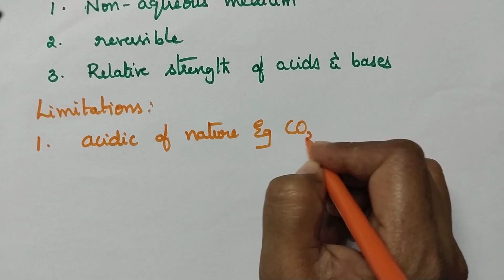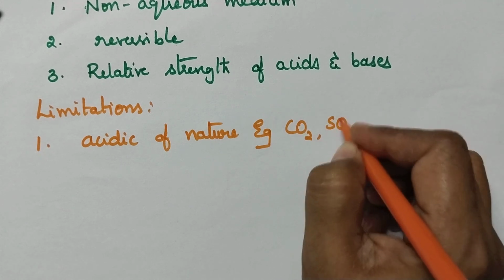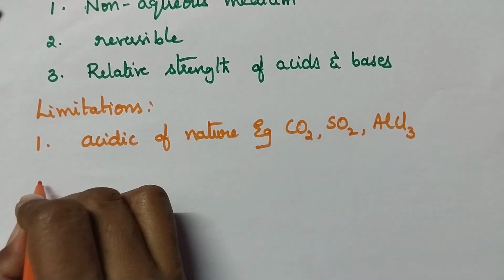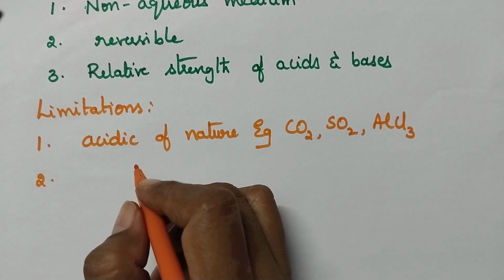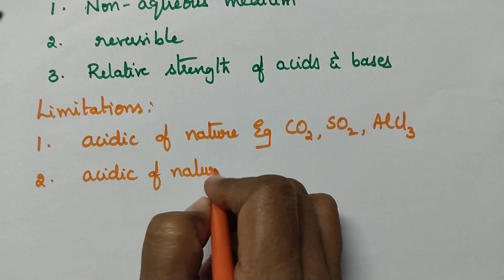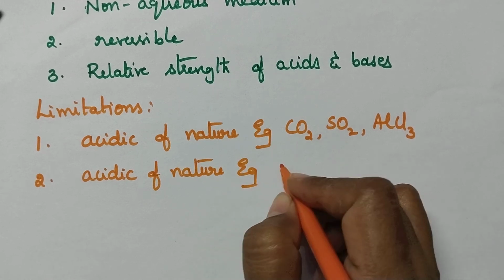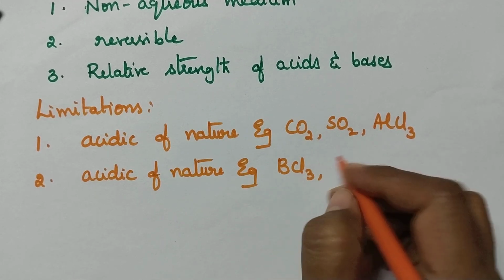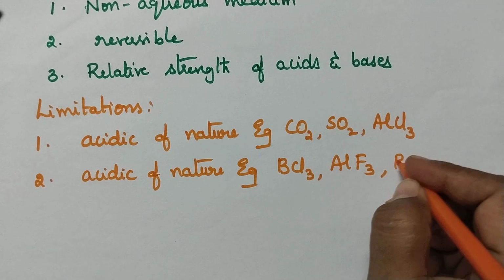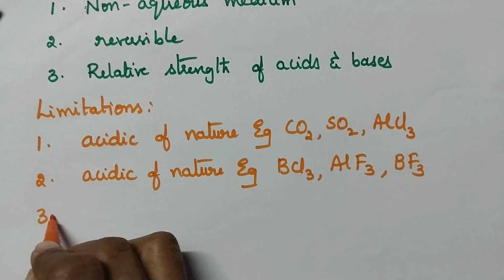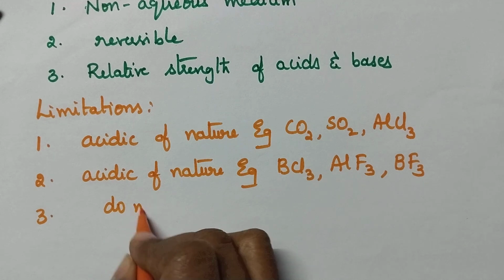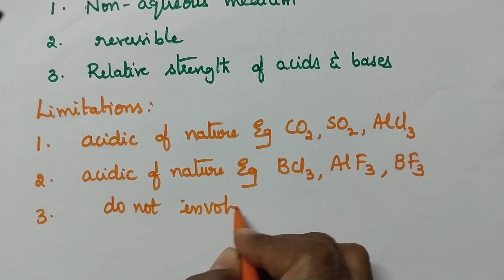Non-protonic compounds means those which do not contain a proton or hydrogen atom, such as CO2, SO2, AlCl3, etc. At the same time, it could not explain the acidic nature of electron deficient compounds such as boron trichloride, aluminum trifluoride, boron trifluoride, etc. And this theory could not explain the neutralization reactions which do not involve the transfer of proton.